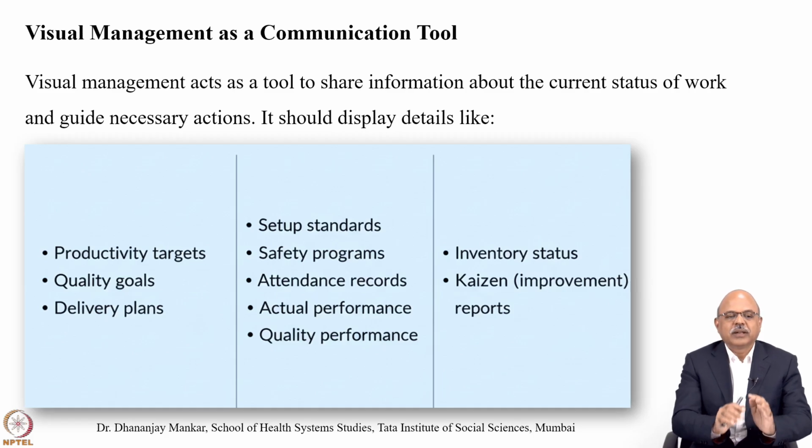It should display details like productivity targets, quality goals, delivery plans, set-up standards, safety programs, attendance records, actual performance and quality performance. According to the activity, you can set up further lines of activity. And the outcome: inventory status, Kaizen reports. So you may find visual management as a communication tool, how we are taking this activity one by one.